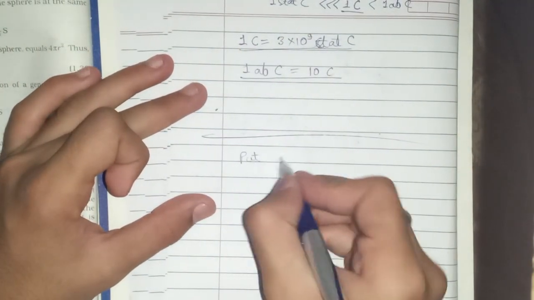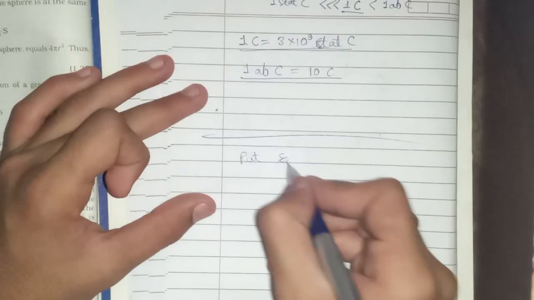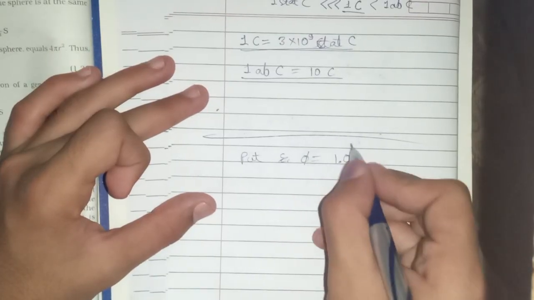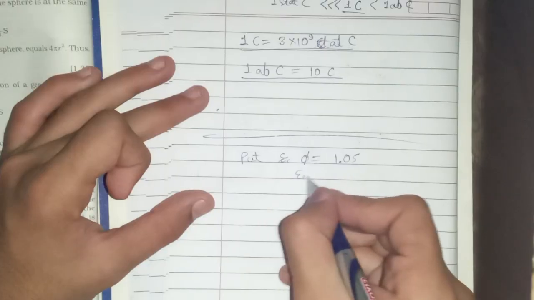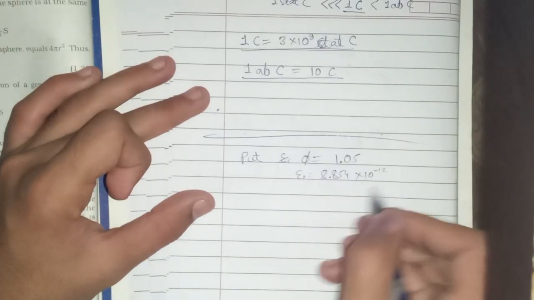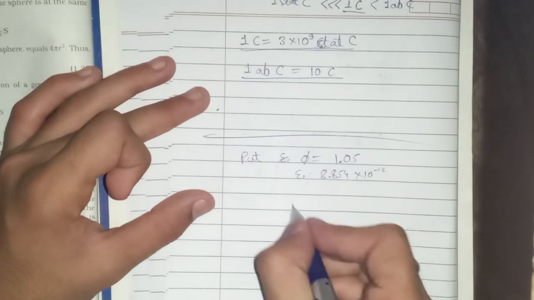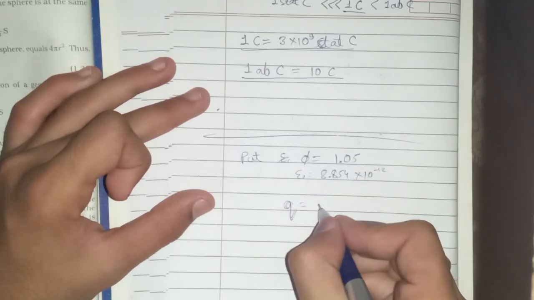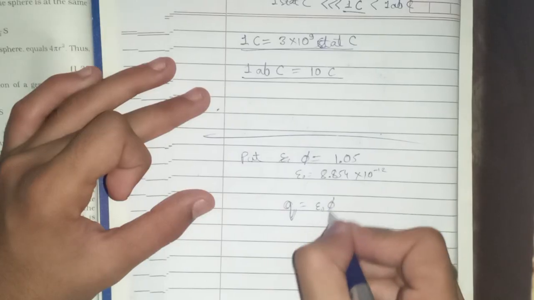Put phi equal to 1.05 as we found, and epsilon equal to 8.854 into 10 to the power minus 12, and q is epsilon phi.